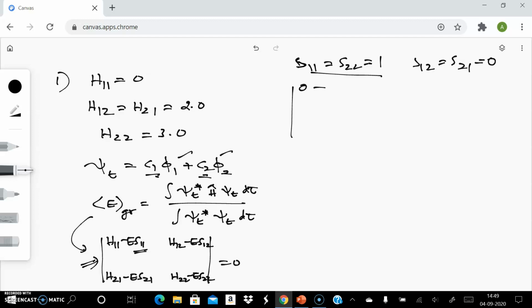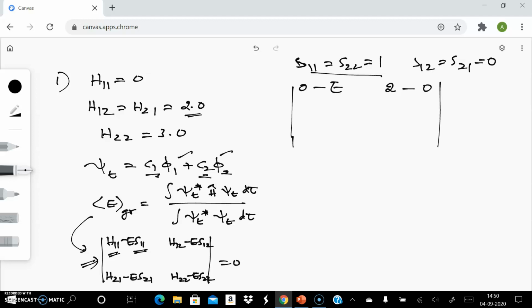If it is so, then the determinant becomes: H11 value is 0 minus E into S11 value is 1, so 1 into E is E. Similarly here H12 is 2.0, I will write simply 2 minus, since S12 is 0, E into S12 becomes 0.